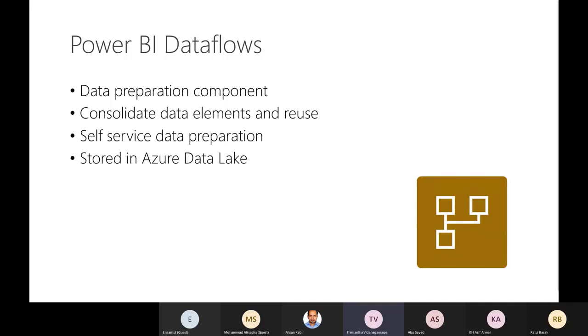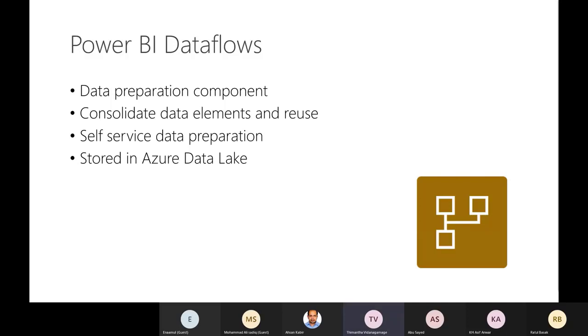Moving further on, where the entities or the output tables of a Power BI data flow are stored, it's stored in an Azure data lake. Now, most of you who don't have an Azure subscription might think this might not work out because you don't have an Azure data lake to store these output tables for analytical purposes, but that's not how that really works.